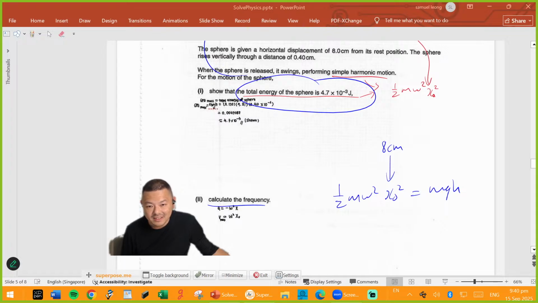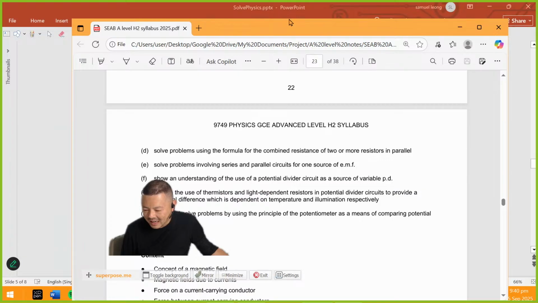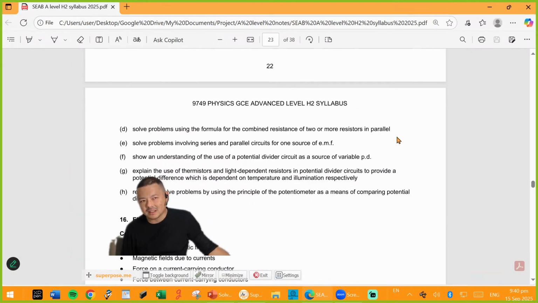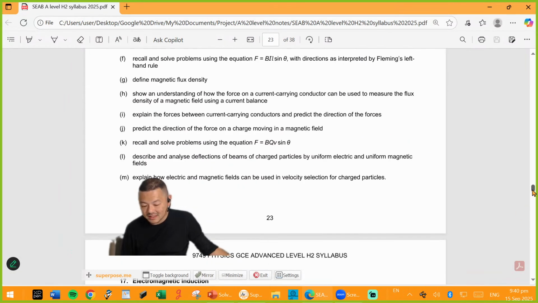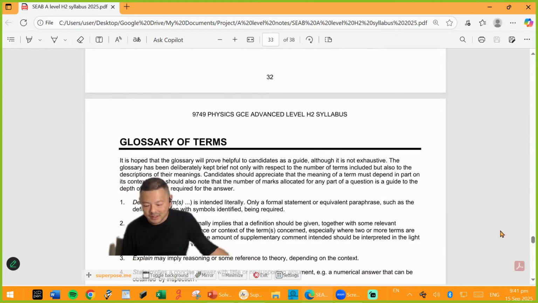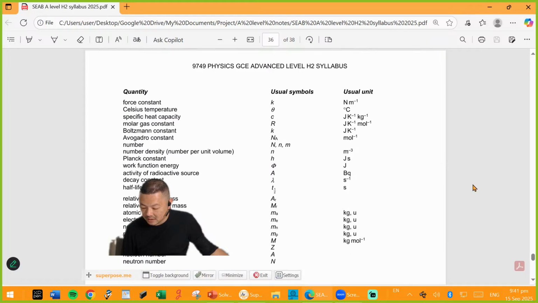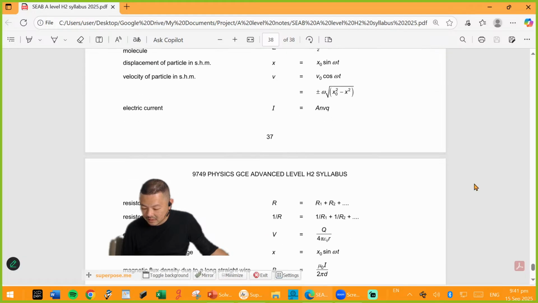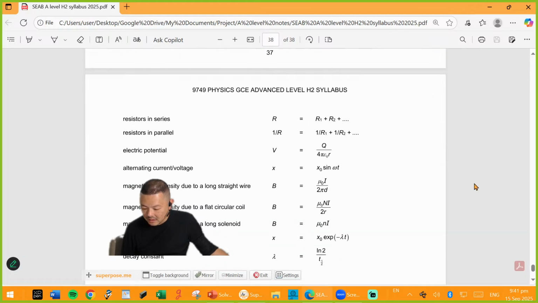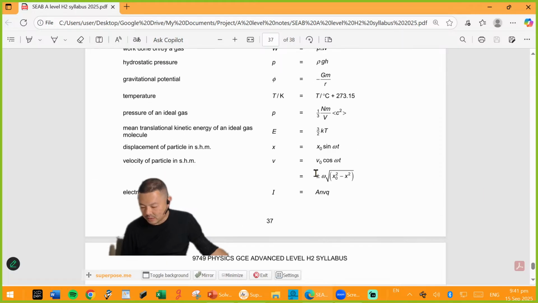I think only the V is included, right? The one where you say omega square root thing. So you probably have to quote it. Yes, it's half mv squared, then you get half m omega squared x naught squared.